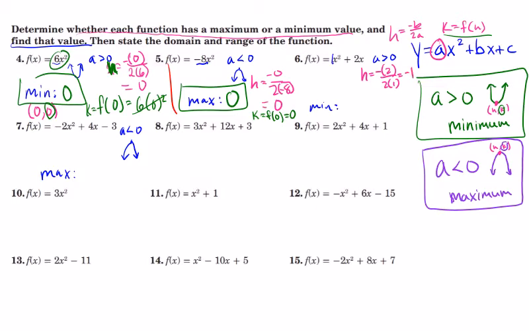So that's h. Now k is going to be f of negative 1. So I'm basically going to plug in negative 1 to this. So it's going to be negative 1 squared plus 2 times negative 1. That'll be positive 1 minus 2, which is negative 1.